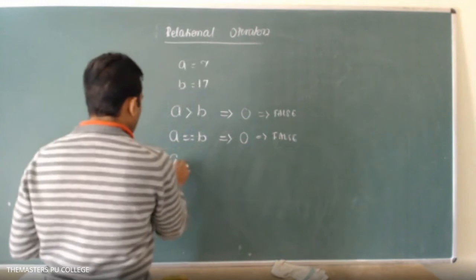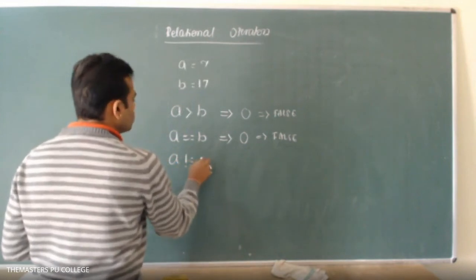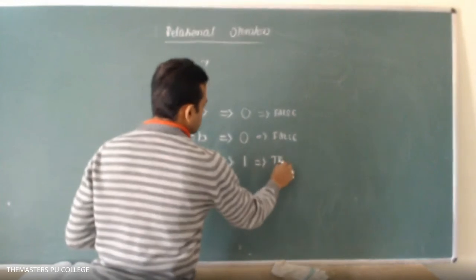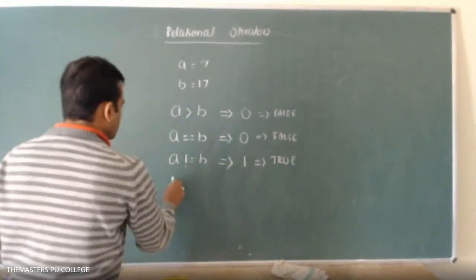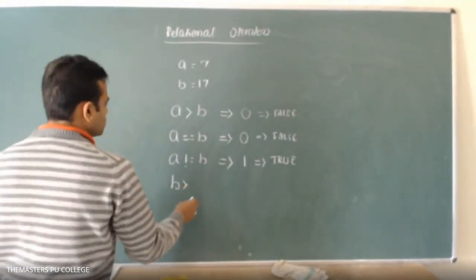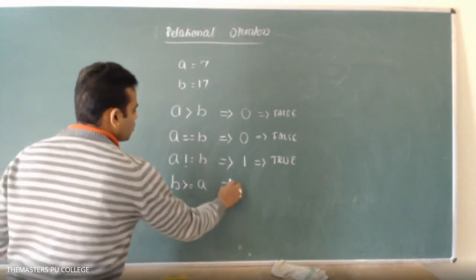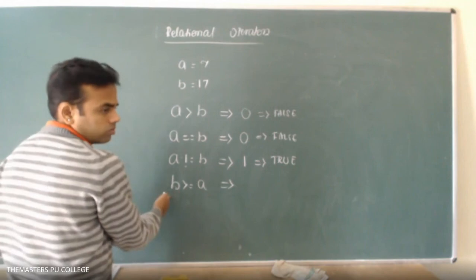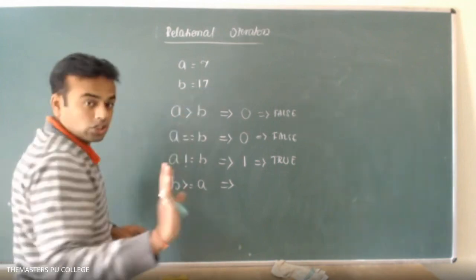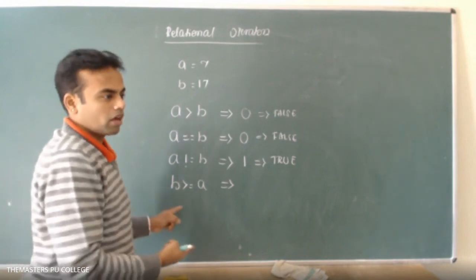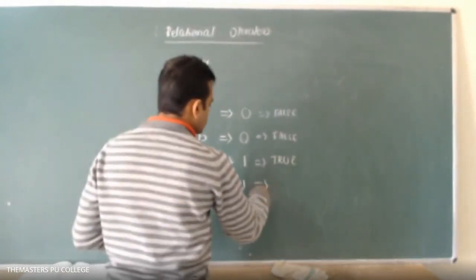A is not equal to B. This is true. Next, B is greater than or equal to A. One condition is true here: B is not equal, but it is greater than A, so it will be true.